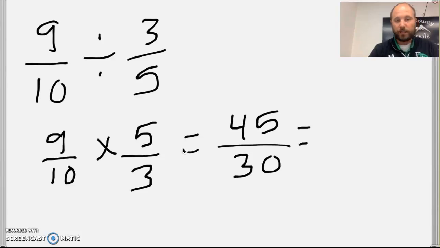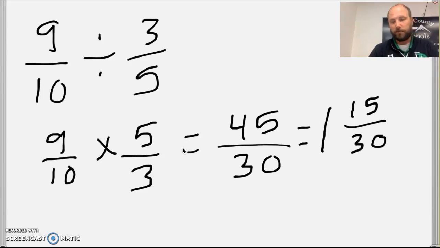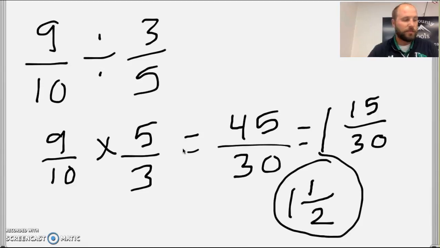Well, this one I don't even have to actually divide. I know this one. 30 can go into 45 one time. 15 left over 30. Well, I know those 15 and 30 are not reciprocals, but they are compatible, sorry. So I know 15 can go into 15 one time. 15 can go into 30 2 times.